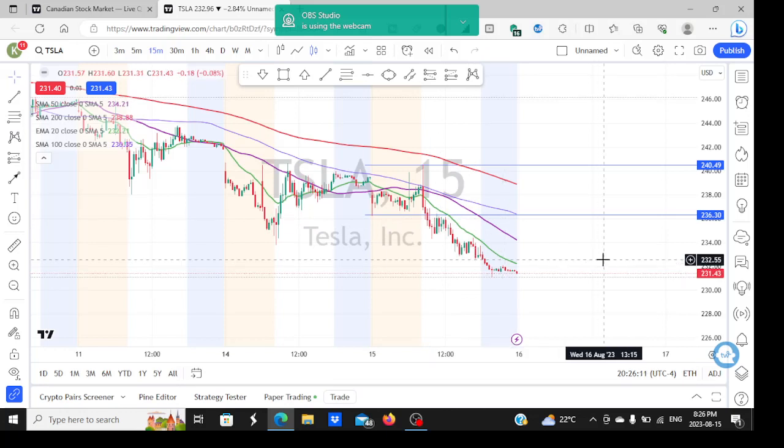Yeah, Tesla seems to work with that 20 moving average very well. Okay, so that's my trade on Tesla today. It was a good day.